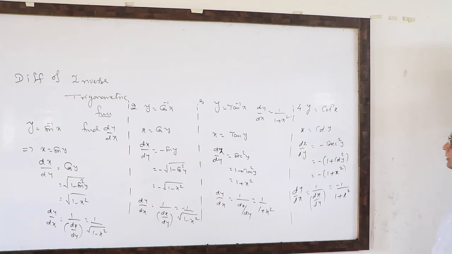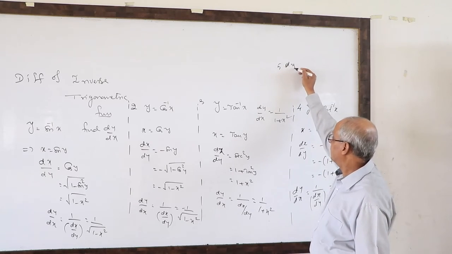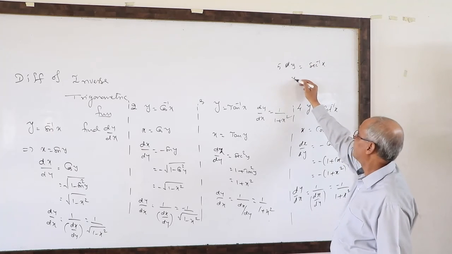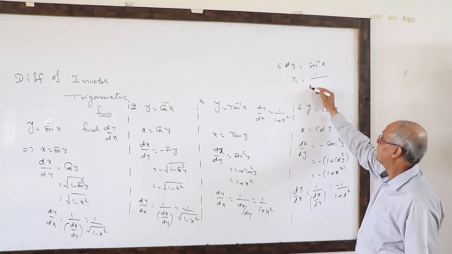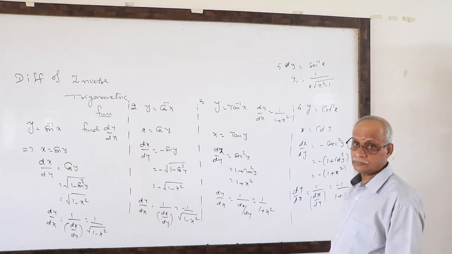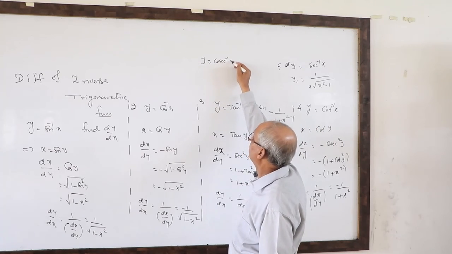Okay. Then similarly you can prove: what is the derivative of secant inverse x? dy by dx is 1 by x root x square minus 1. What is the cosecant inverse derivative?